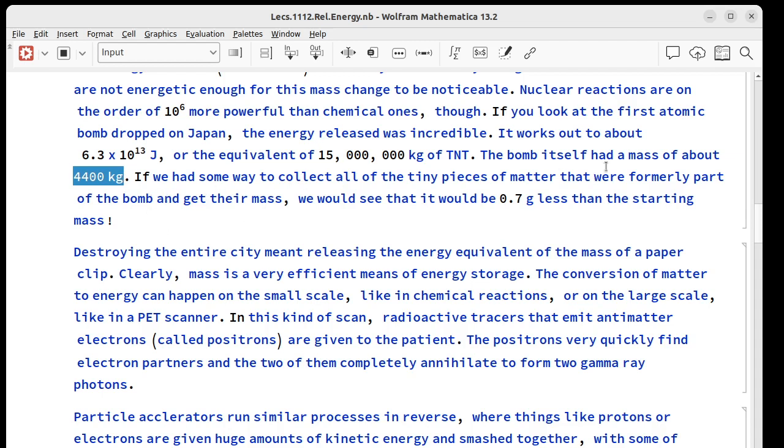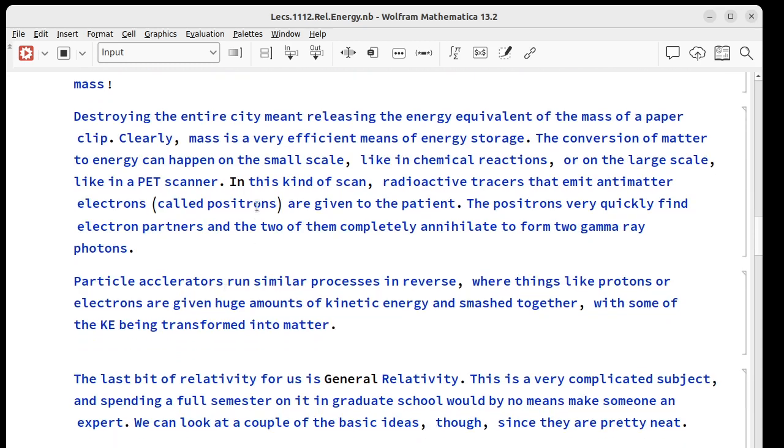If you were able to pick up all the tiny pieces of that bomb that were driven all over the area by the explosion, all the tiny pieces together would weigh less than 1 gram less than the starting mass. So mass is almost conserved in these reactions. That means destroying an entire city was done by the release of energy equivalent to the mass of a paperclip.